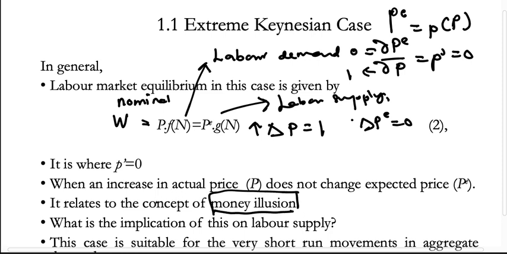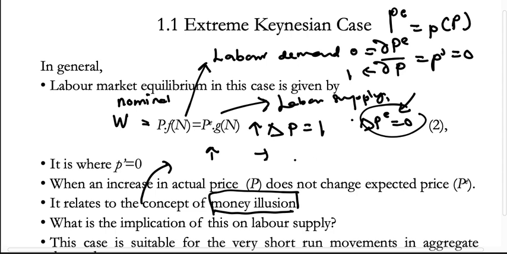So how can you visualize money illusion in this case? Money illusion is very simple. You look at yourself when you don't expect the price to change. That means we always view income in nominal terms, not in real terms.